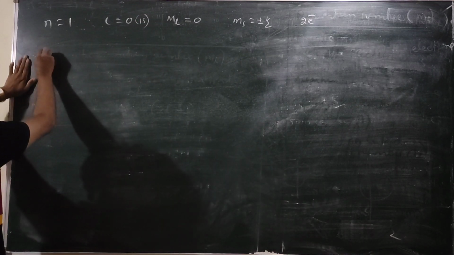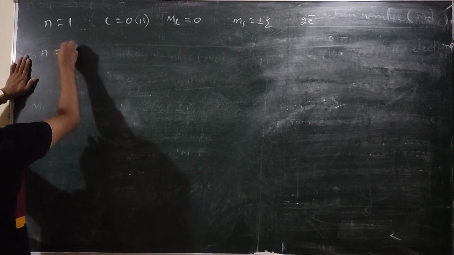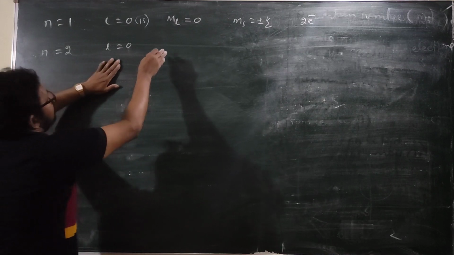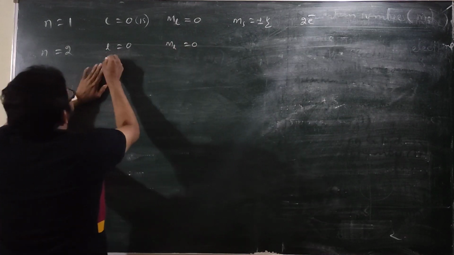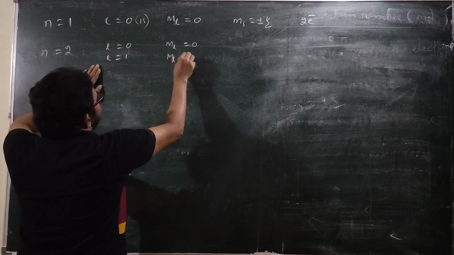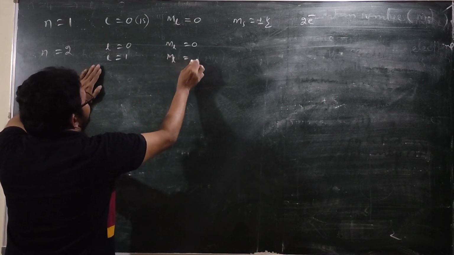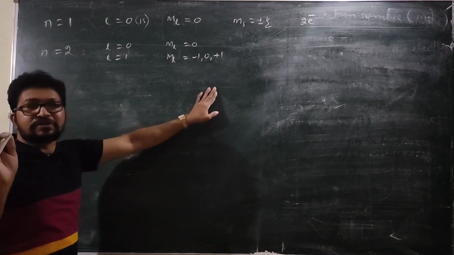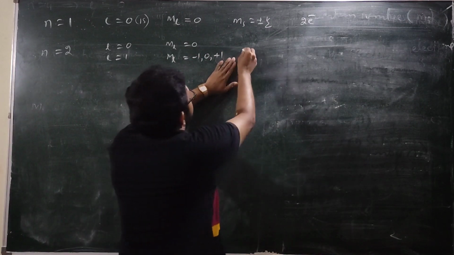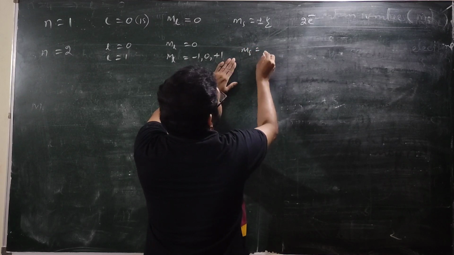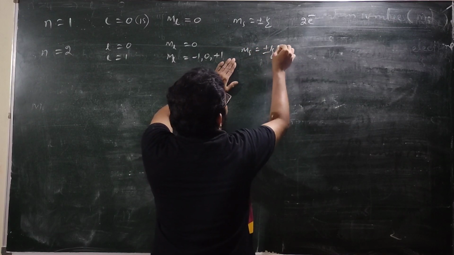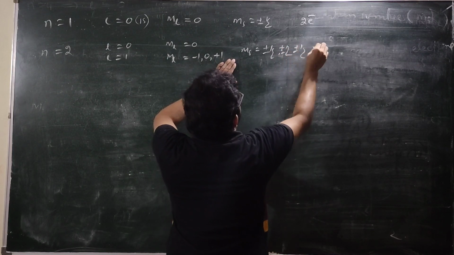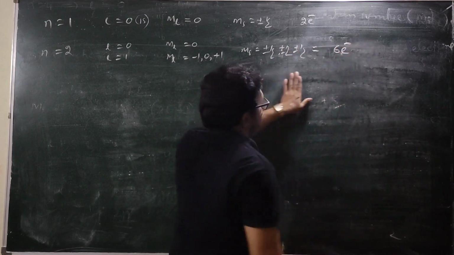Now, when you come to n equal to 2, l will be 0 and ml will be 0; l will be 1 and ml will be minus 1, 0, plus 1, correct? Totally 3 values, and spin will be plus or minus half for each, totally 6 electrons.